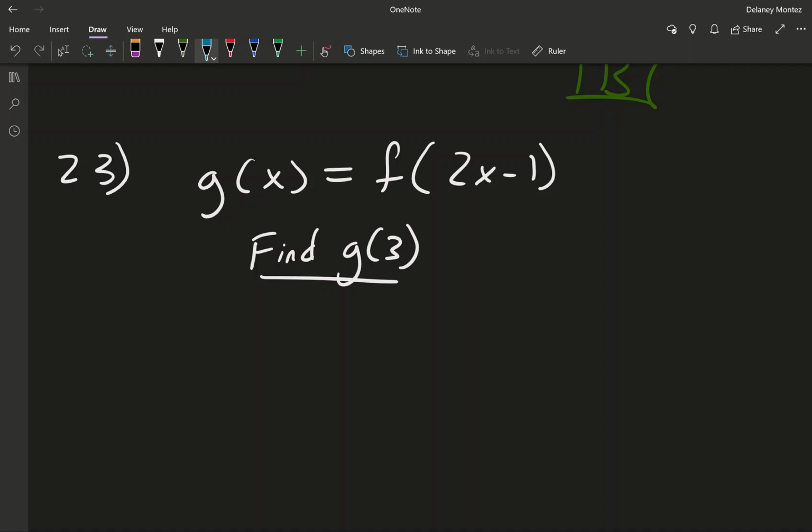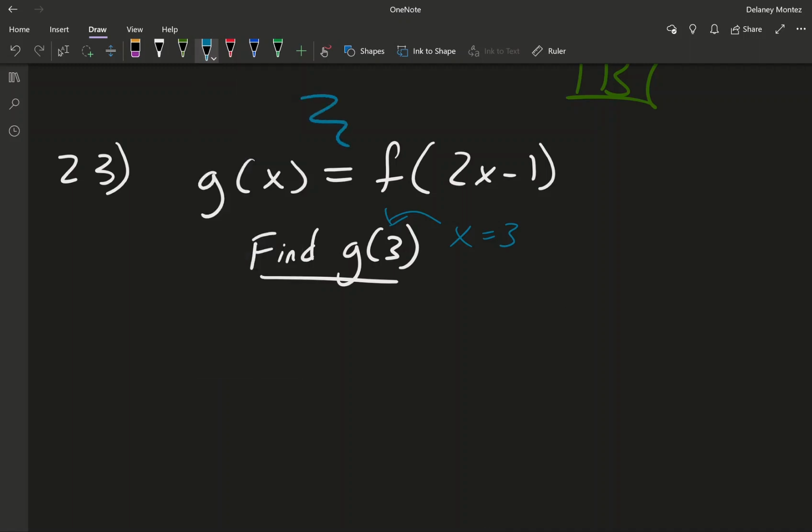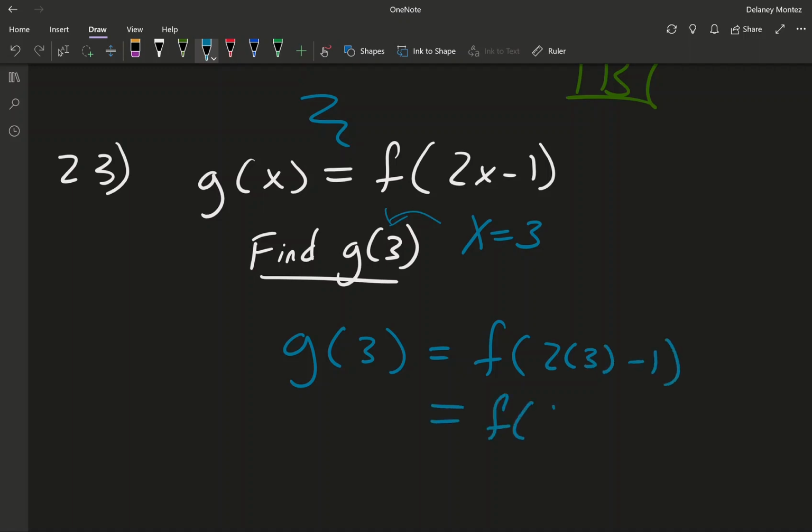It's just 3, x equals 3. Then g of 3 equals f of 2 times 3 minus 1, which equals f of 6 minus 1, equals f of 5.